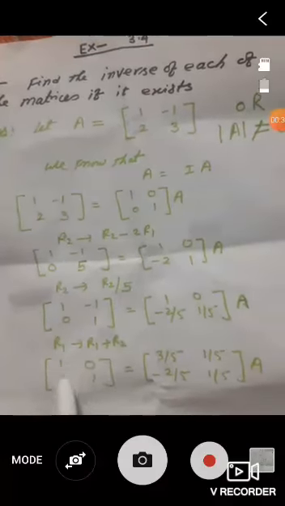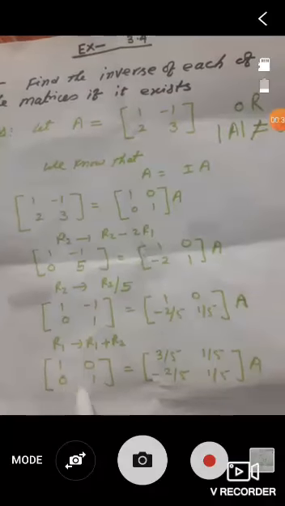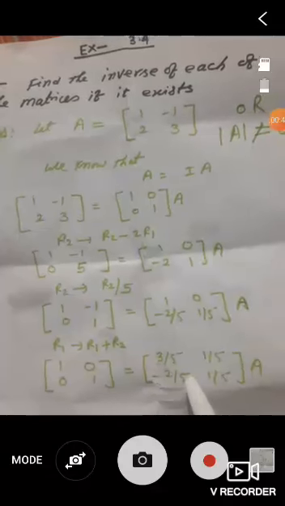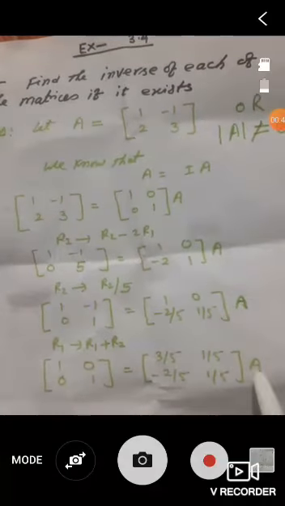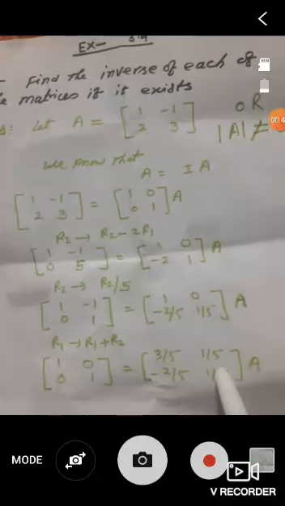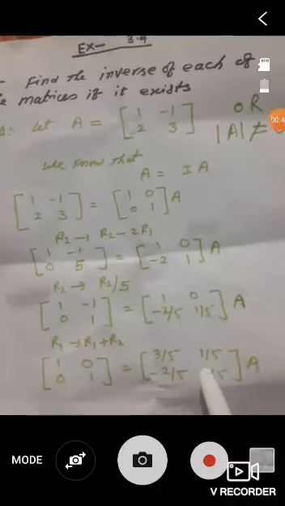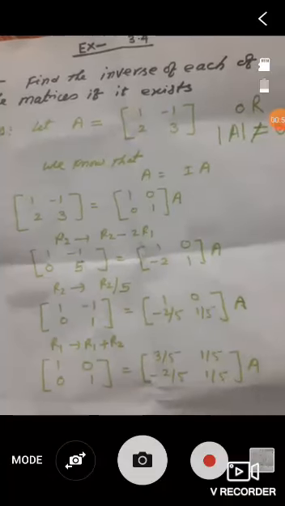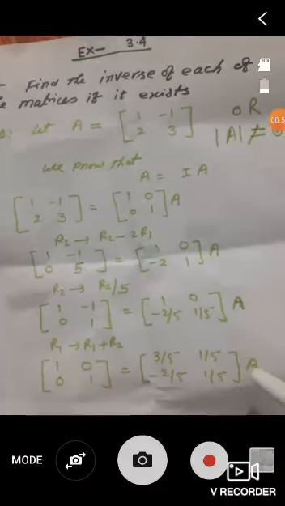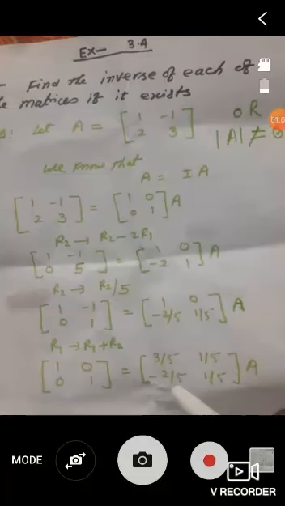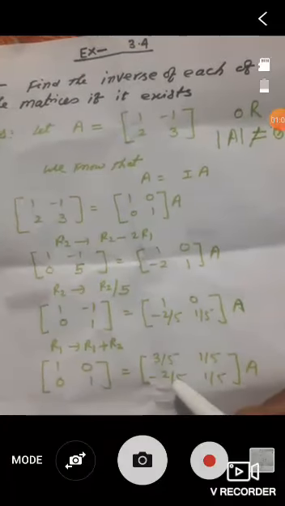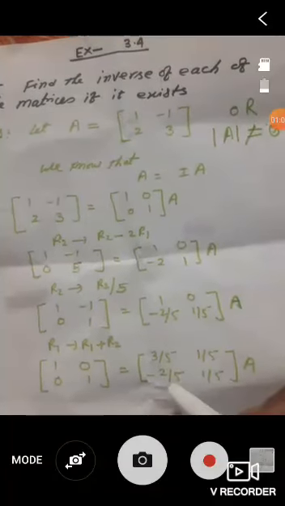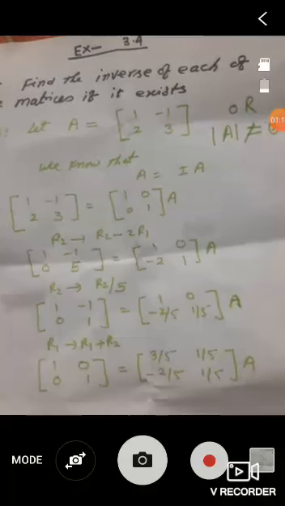So finally I will get an identity matrix on the left hand side, and on the right hand side I will get a new matrix which is multiplied by A. Then by the definition of invertible matrix, I will get the inverse of matrix A as this square matrix having elements 3 by 5, 1 by 5, minus 2 by 5 and 1 by 5.